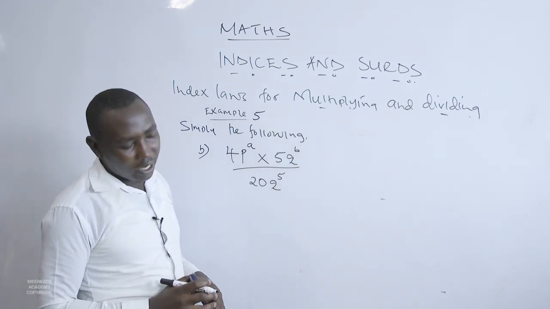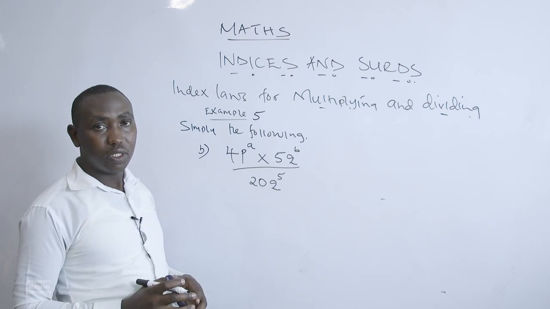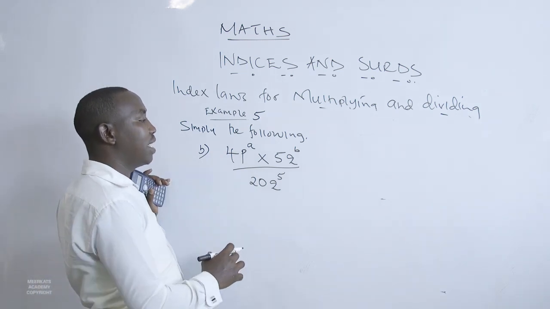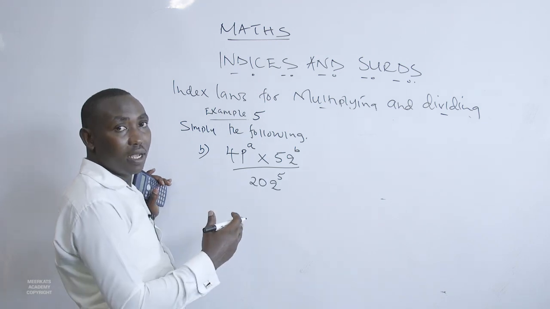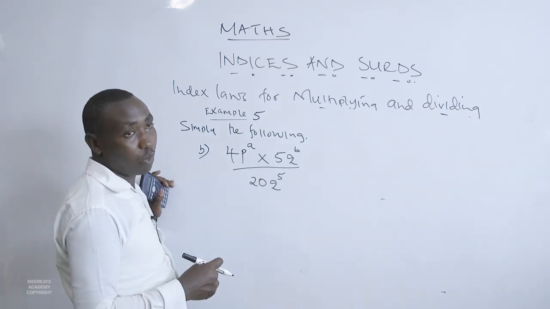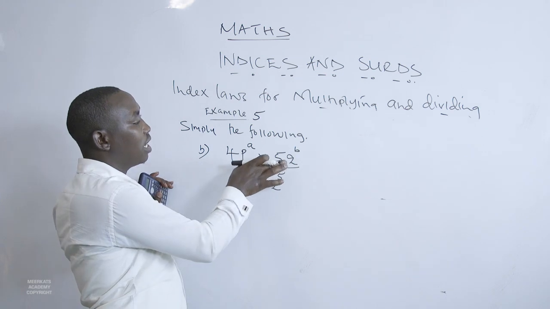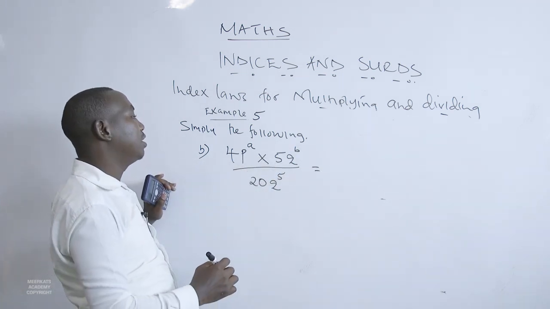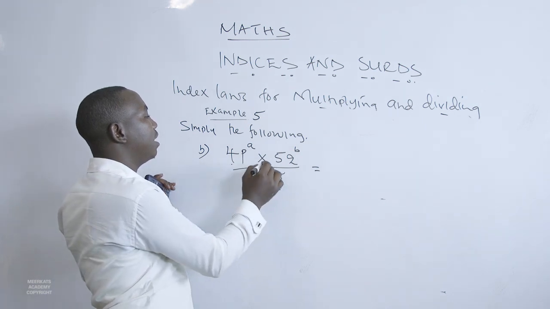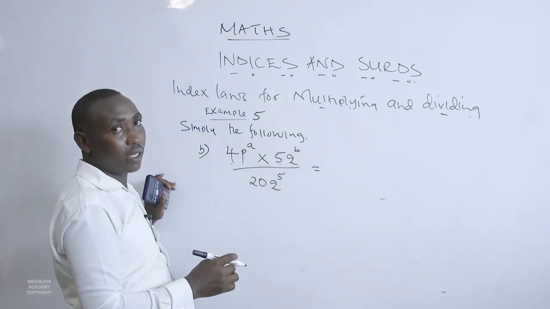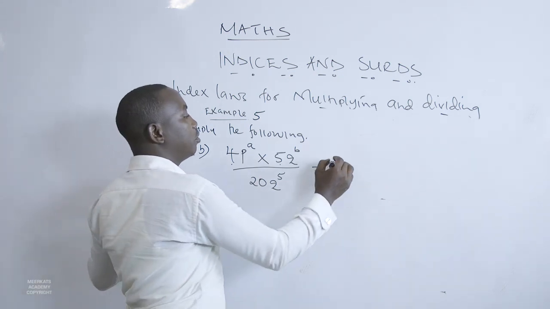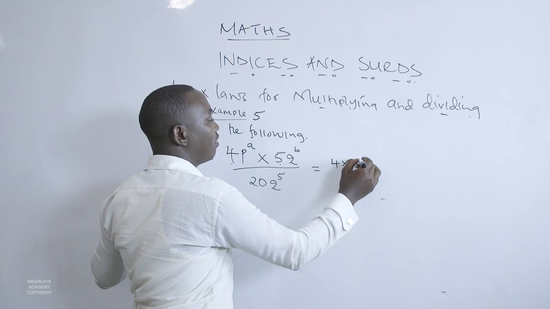Now realize that for us to be able to simplify this, you should be very careful. Yes, there is division and there is also multiplication. But if you look at the first part, which requires us to multiply, you will discover that only these coefficients of P and Q are multipliable factors. Therefore, you can multiply 4 by 5.